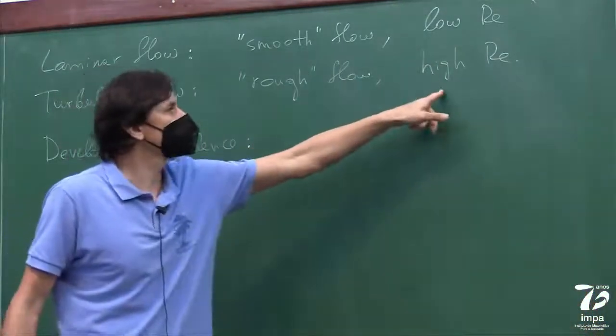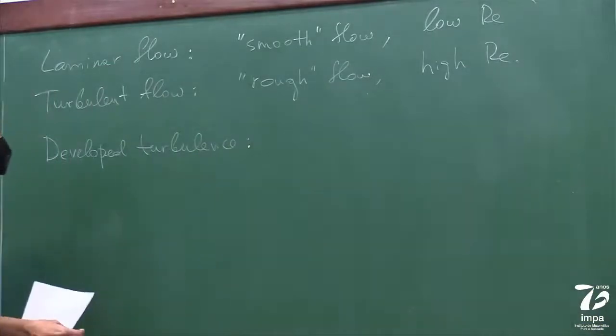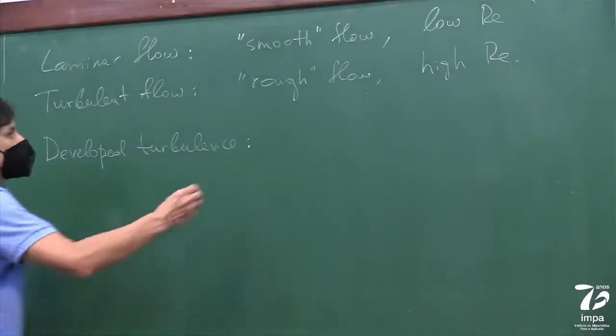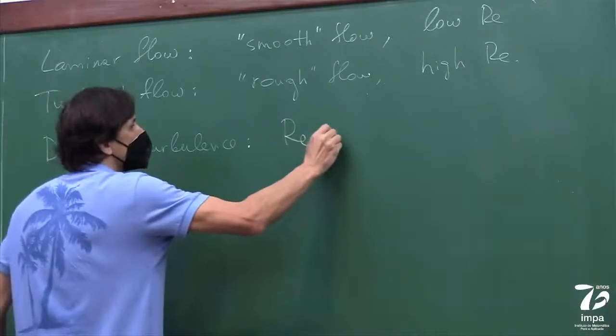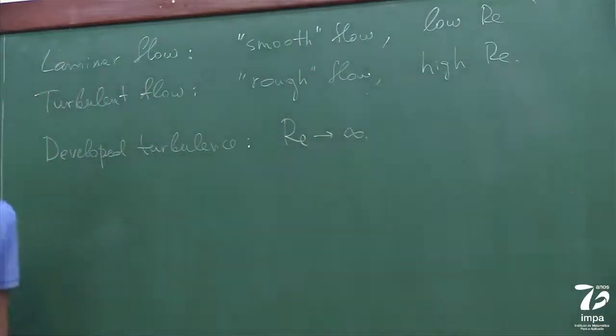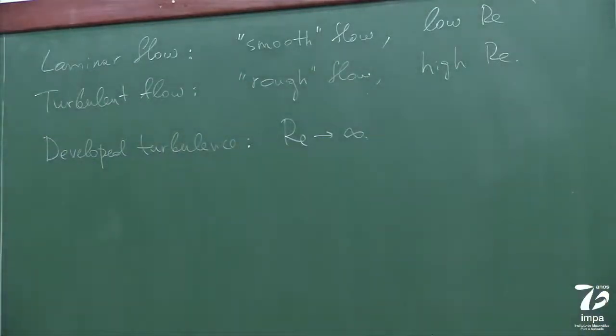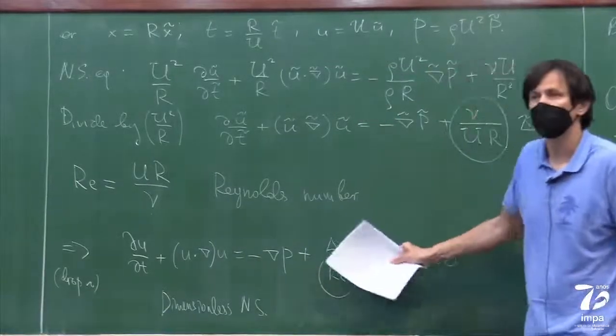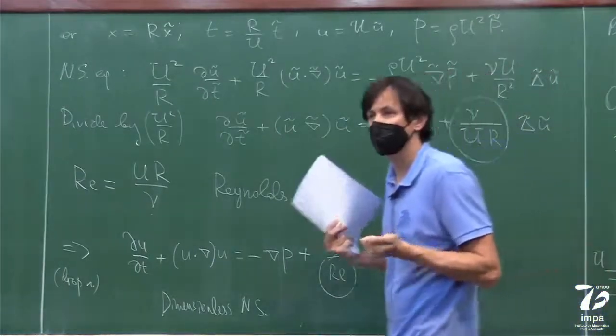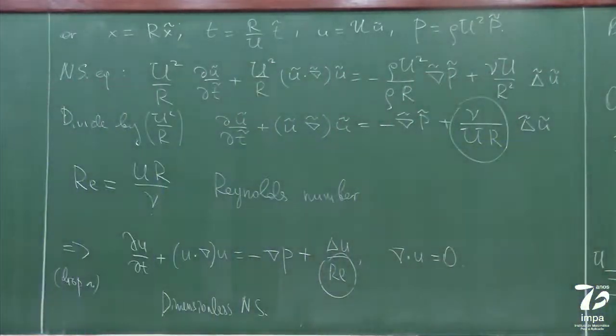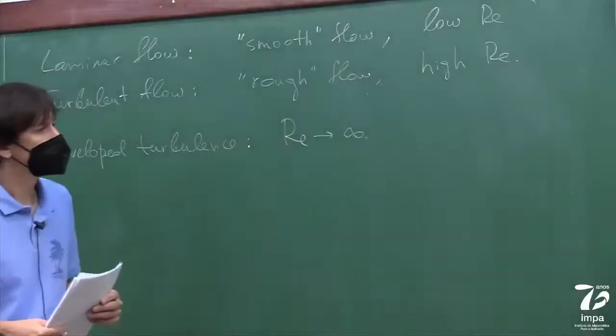Turbulence corresponds to high Reynolds number, so the only way you can define something clearly is by taking the limit, the limit of Reynolds going to infinity, which intuitively kills this term. But we know that we cannot simply remove it.